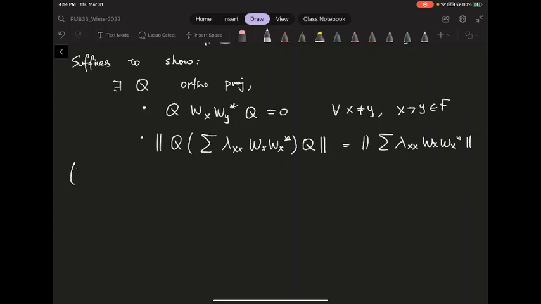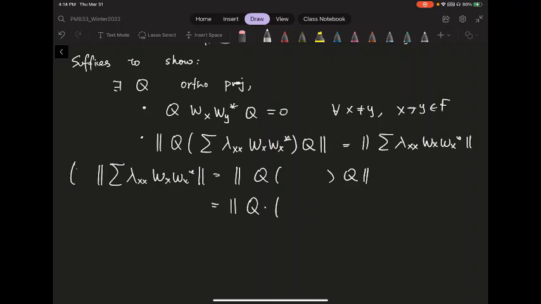If you can find such a Q, then what you want to prove is kind of trivial now. The summation of all the lambda_xx W_x W_x star becomes Q times the same thing. But Q will also kill off the off-diagonal entries, so this is essentially Q times the off-diagonal, where you add all the off-diagonal back: lambda_xy W_x W_y star, and then you put the Q back.